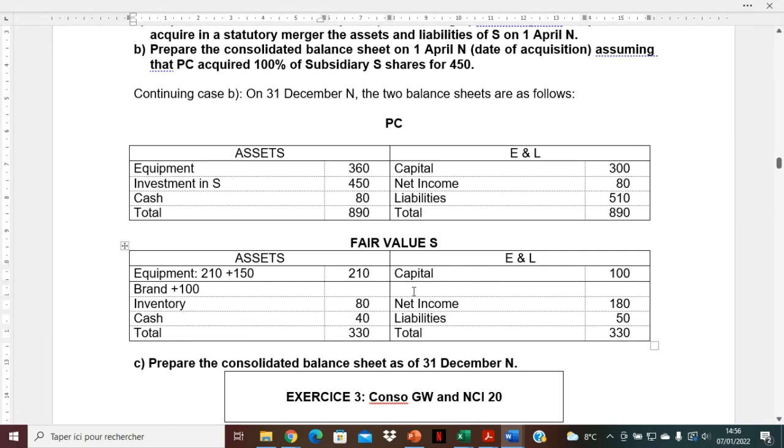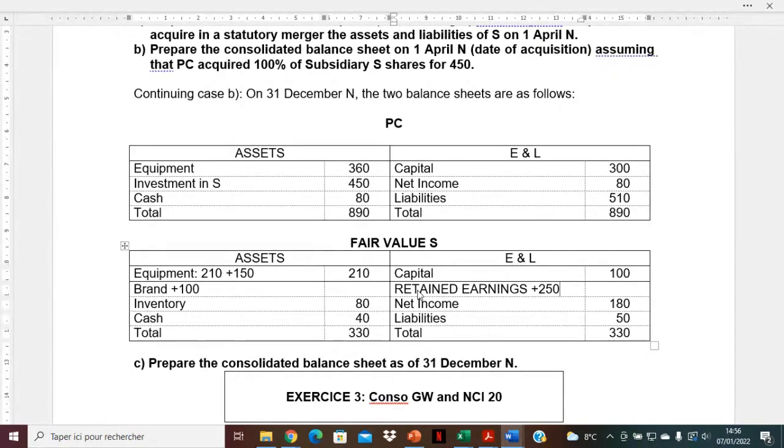So I add 250 on the asset side, and we remember we put this in retained earnings. So it's the same 250 that we had before. Anyway, I include 250. And remember, I need to do this every year. Okay, so here we are good.